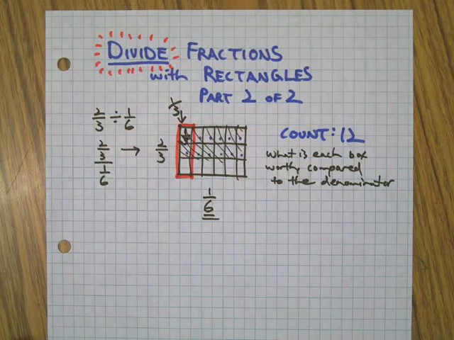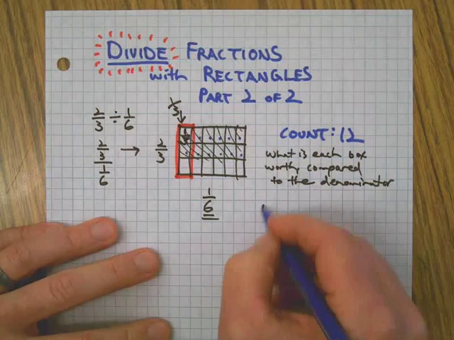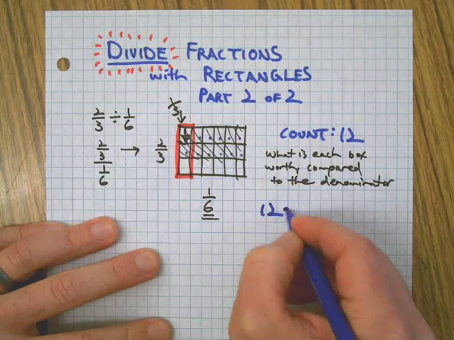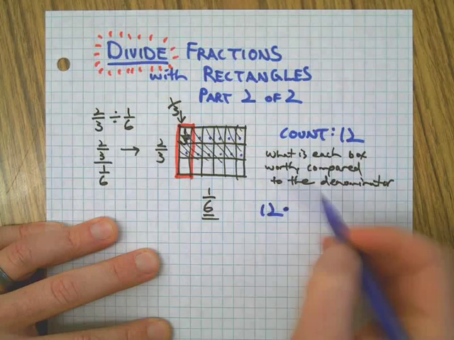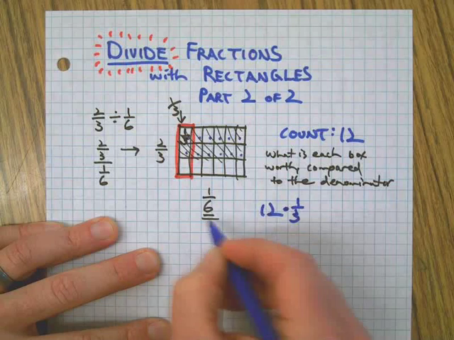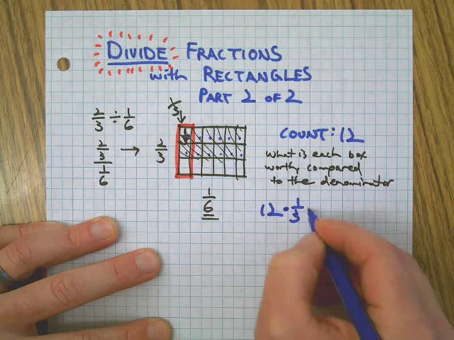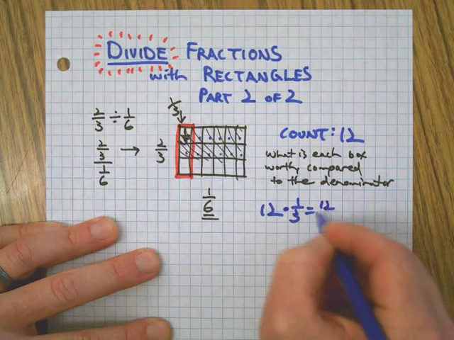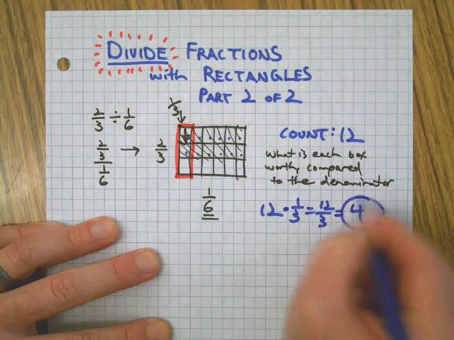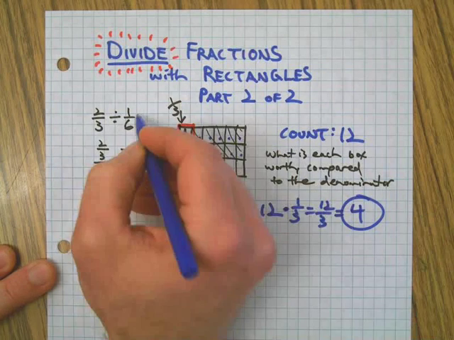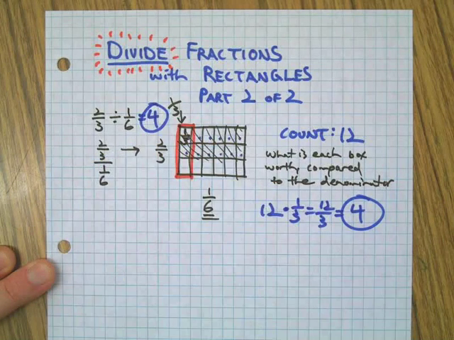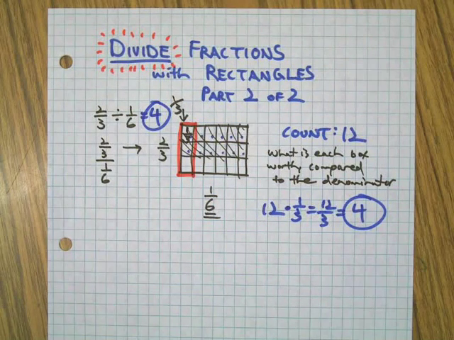Okay? So quite simply, I take my count, I multiply it by what each box is worth compared to that denominator. We multiply that, get 12/3, which equals 4, and that's the answer to the question. Okay?